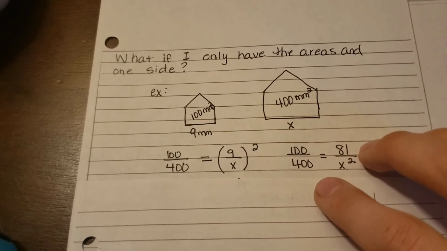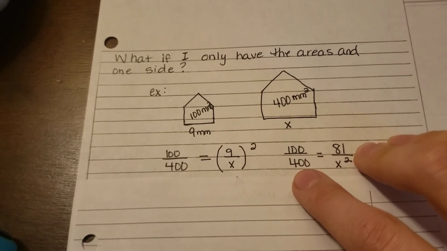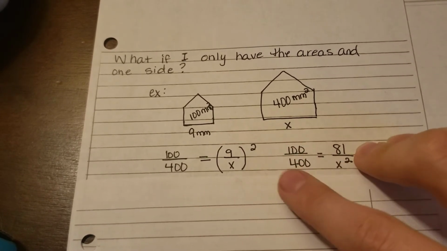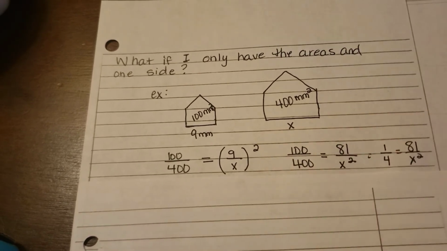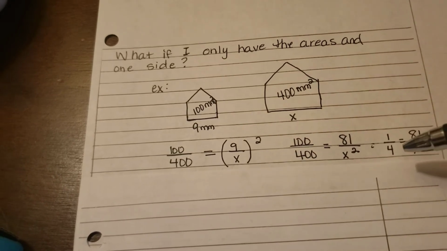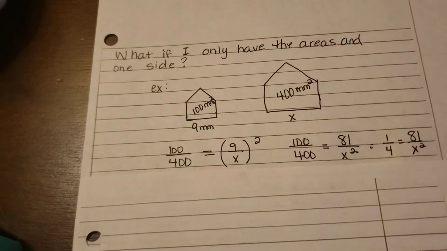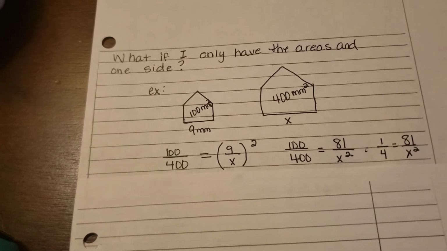Because multiplying 81 times 400 just seems daunting, I'm going to simplify this fraction first. By simplifying, I'll have 1 over 4 equals 81 over x squared. Totally legal. Can do, 100%, no problem.